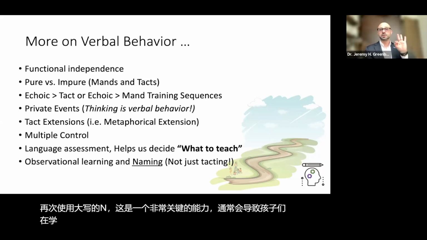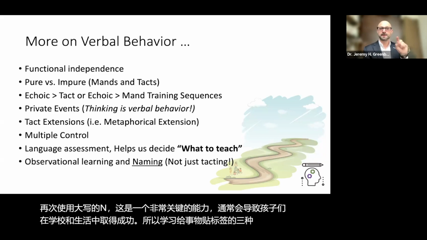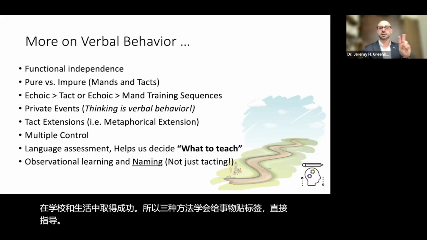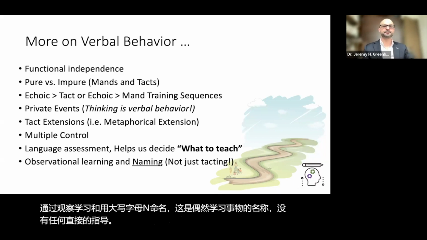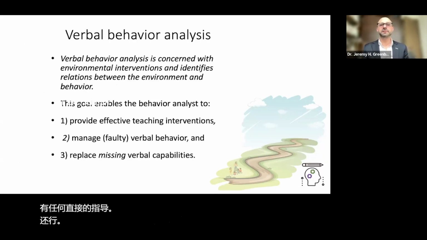So 3 ways to learn to label things: direct instruction, observational learning, and naming with a capital N, which is learning the names of things incidentally without any direct instruction. Okay. Verbal behavior analysis, again, is a subfield within applied behavior analysis.